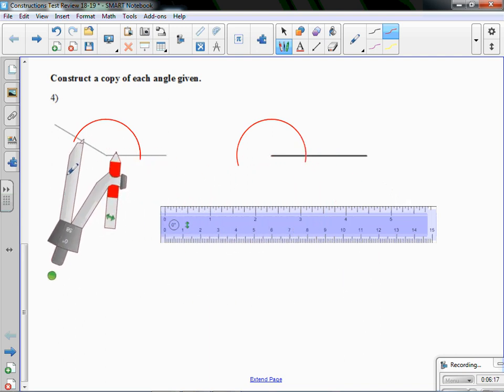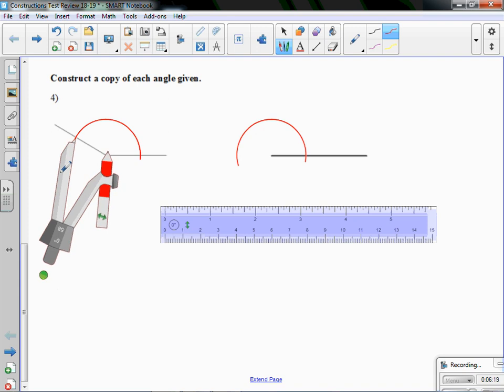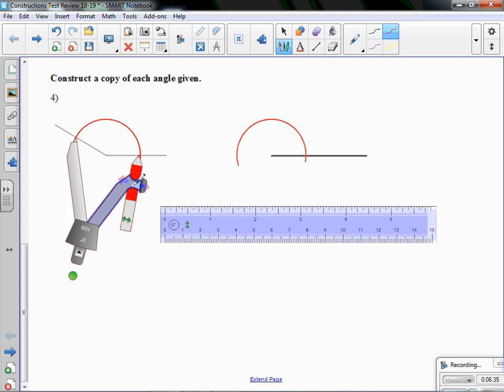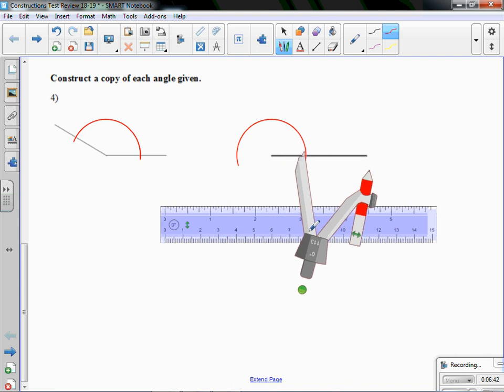And the next step is to measure how far apart the intersections are. So put the point of our compass at one of the intersections of the arc and the side of the angle. Open our compass up to the width of the other one. And we put the point where the arc hits our line segment over here.